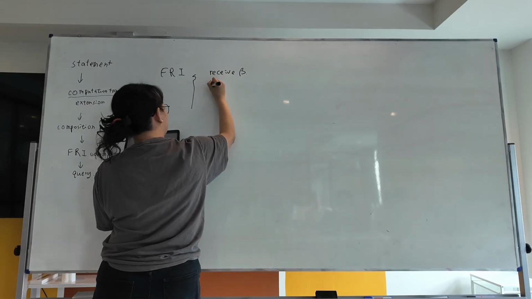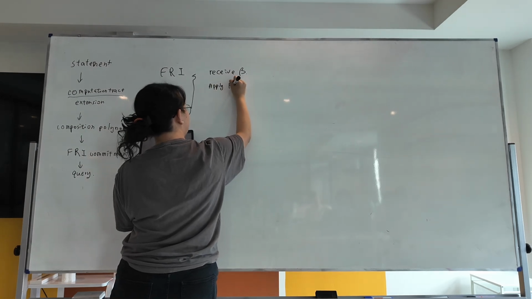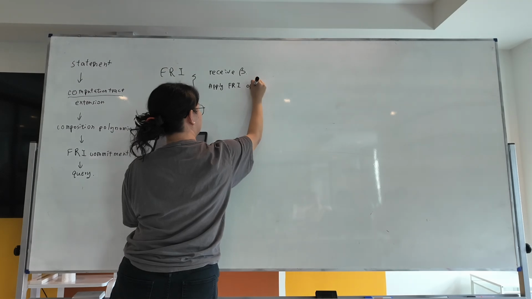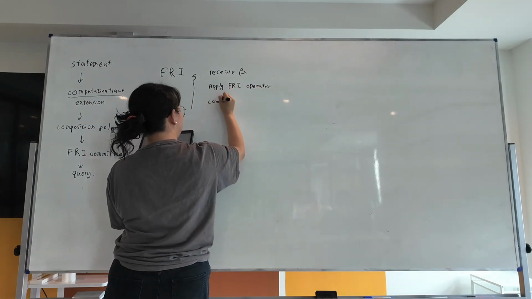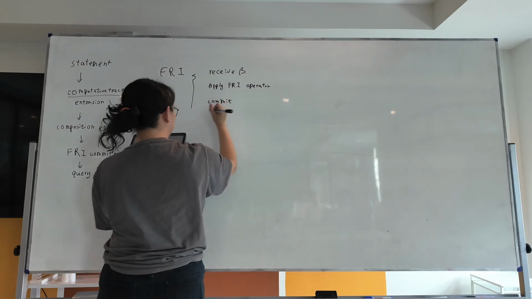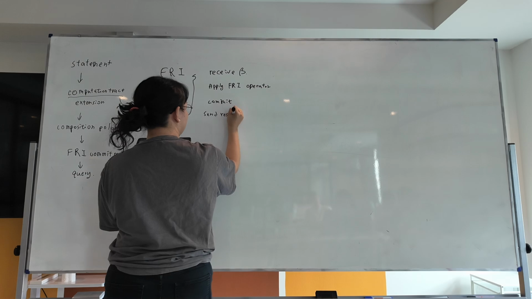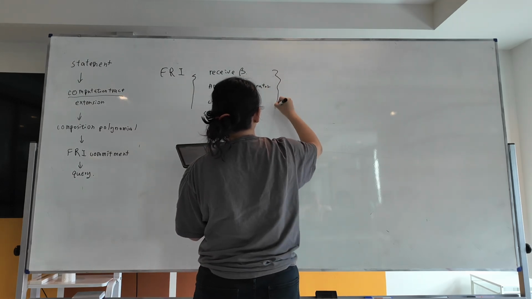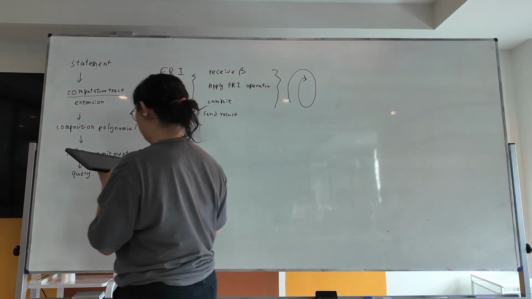And then it will apply the FRI operator. Then it will commit to the result. And finally send the result. And these steps, we're going to do in a loop, multiple times.